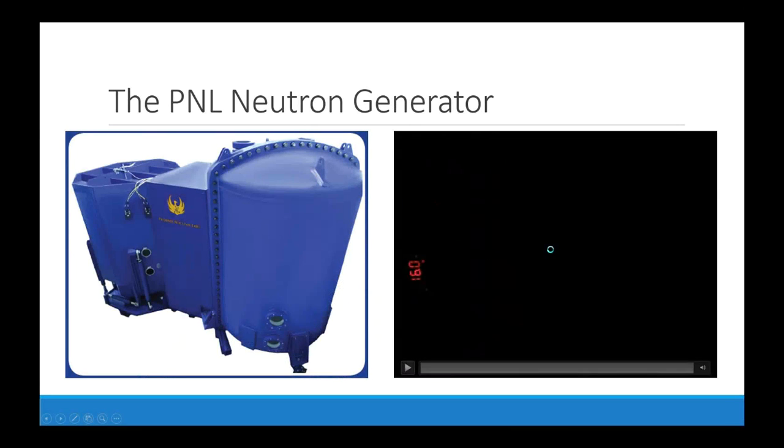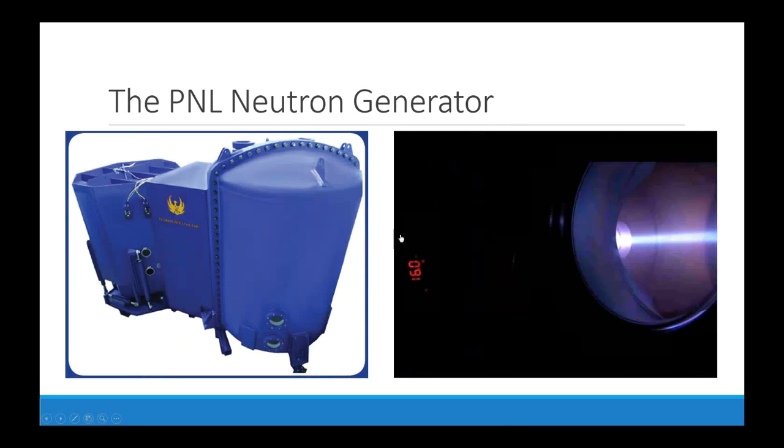So here's a little video. This is an image of the actual system, and here's a video of the beam running. I don't know if my chat window is in the way. So this is actually a system that's deployed to the Army for doing neutron radiography, analogous to X-ray imaging, but they use the neutrons to look for defects in explosives inside ammunitions.